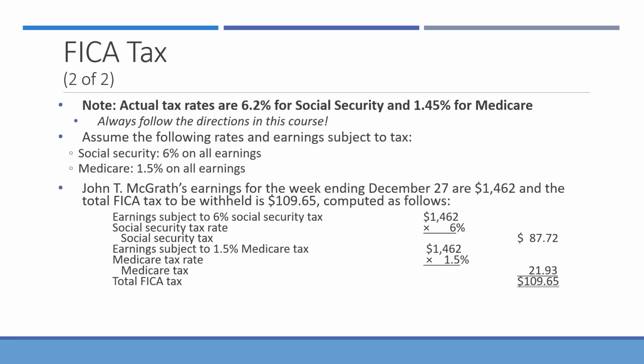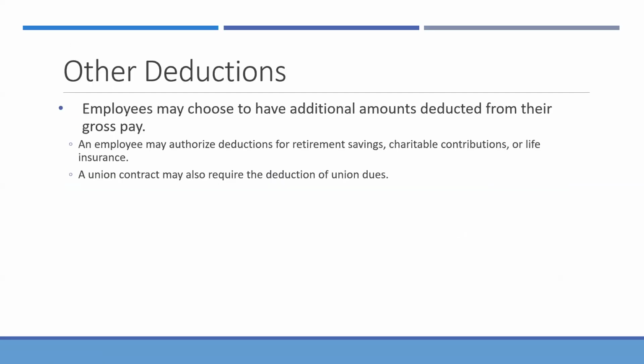Social Security tax is 6.2%, Medicare is 1.45%. But for this, just to make everything easier on ourselves, the homework is 6% and 1.5%. And then we can calculate total FICA tax that's coming out of John's paycheck. And then the business is also going to owe that, but that's separate to this problem.